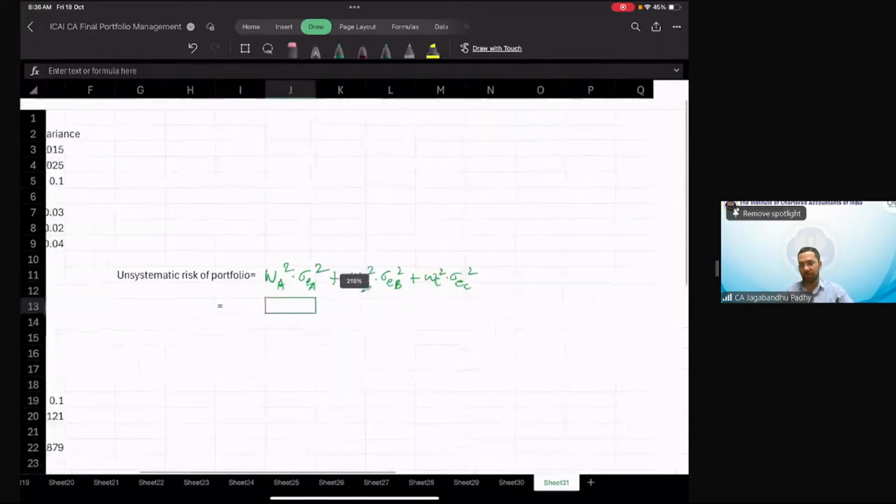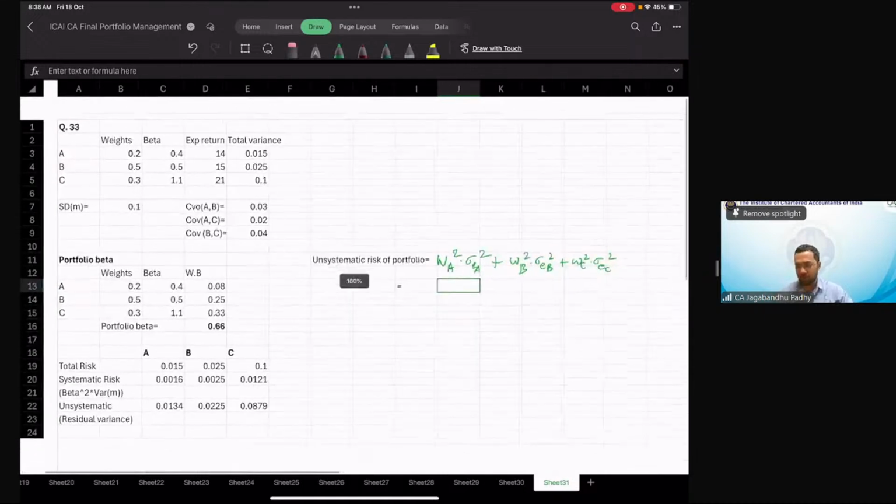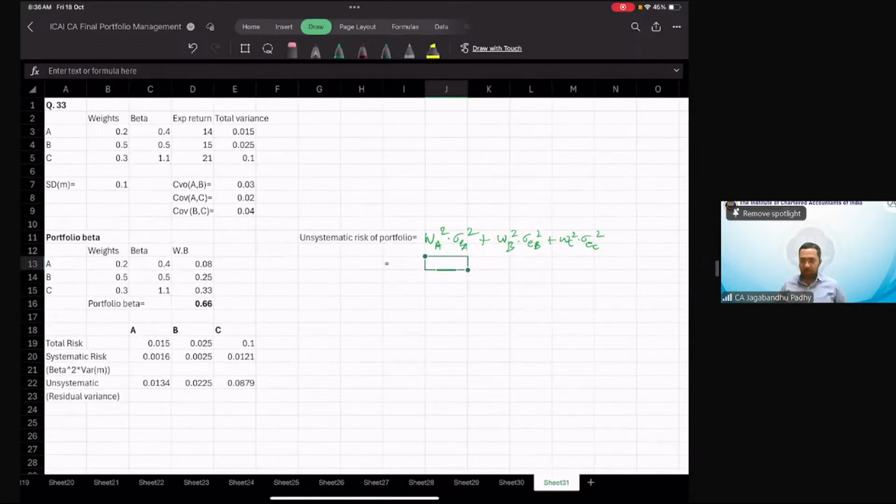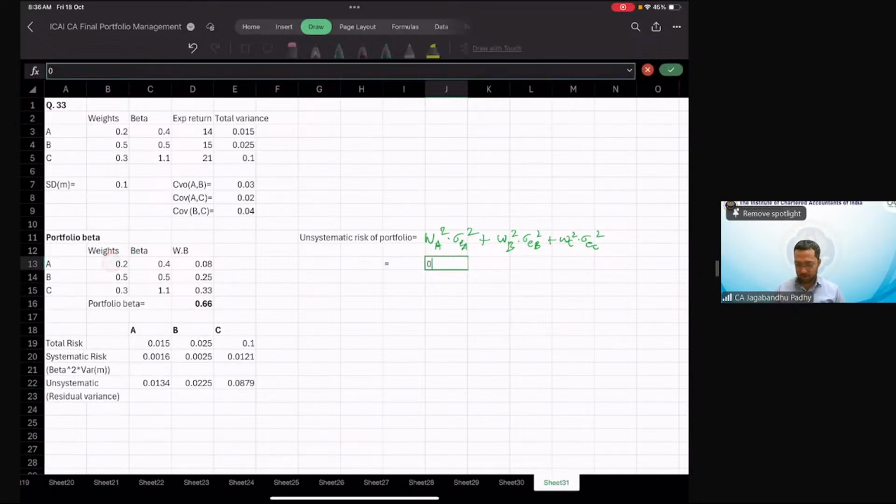Okay, so this will be equal to weight of A square into variance of error of A. Weight of A square, weight is 0.2, so it will be 0.2 square into variance of error of A. Now variance of error of A, which is the unsystematic portion, is what we have got already over here. So 0.0134 plus weight of B square.